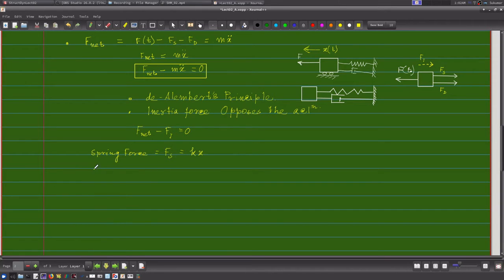And the damping force, or the damper force, is usually taken as proportional to the velocity of the mass. Okay, so Fd is proportional to velocity.